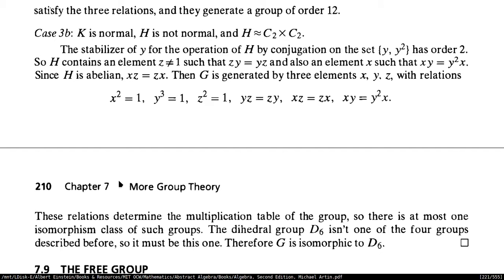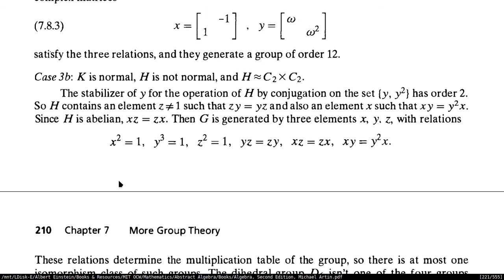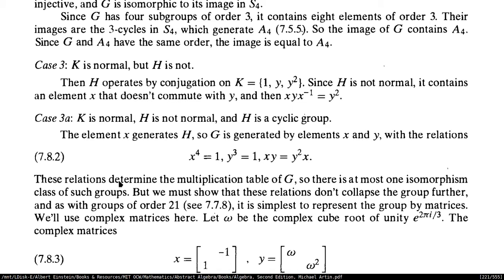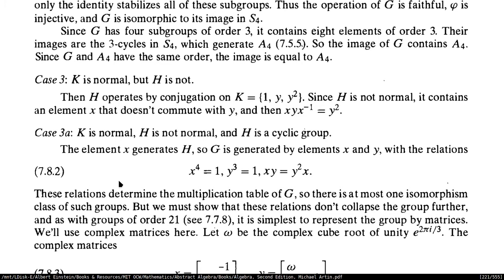Right. Is that right? Yeah. Alright, if you have K as normal, but H is not, then H operates by conjugation on K.